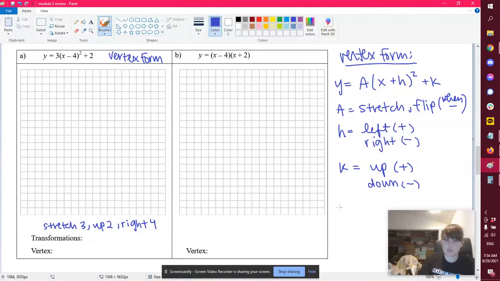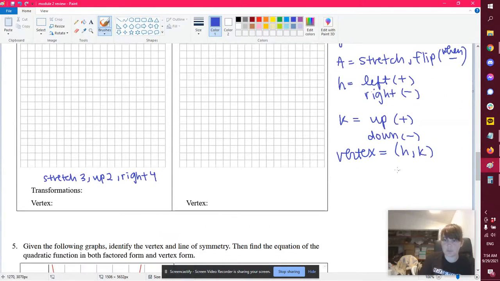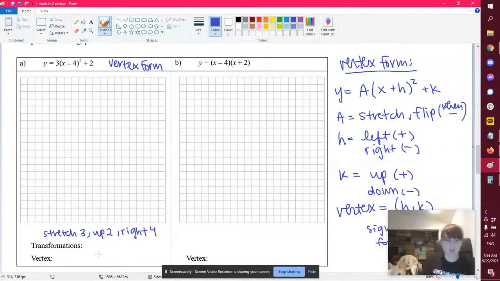The vertex is always at h comma k, but the flipped version, right? Sign switched for h, not for k. And we can also think of this as if we're moving to the right 4 and up 2, the vertex will be at 4 comma 2.